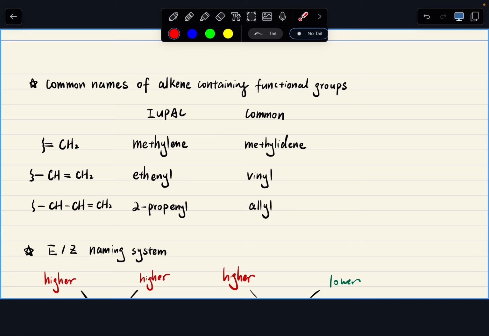So the allyl group is probably the more important one because we spend a lot of time talking about allyl hydrogens. An allyl hydrogen refers to the hydrogen that's neighboring the carbon that's double bonded. These are my allylic hydrogens.